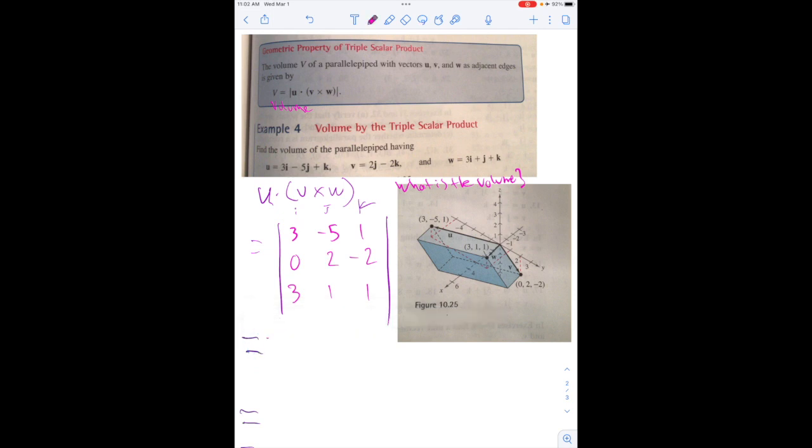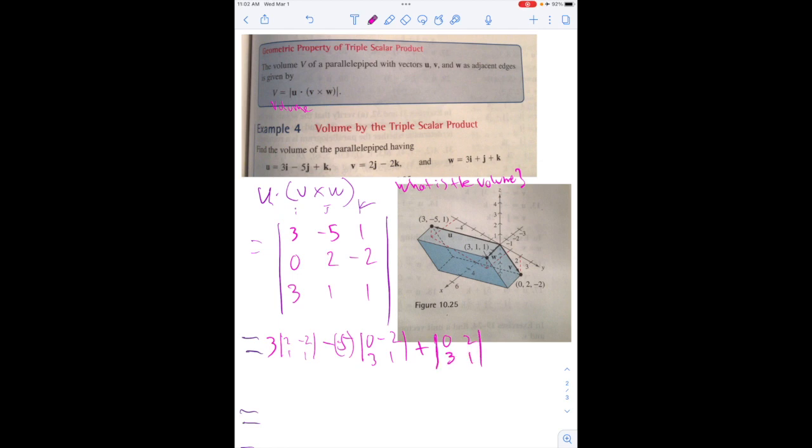We are going to end up with 3 times the determinant of 2, -2, 1, 1, minus -5 times the determinant of 0, -2, 3, 1, plus 1 times the determinant of 0, 2, 3, 1.